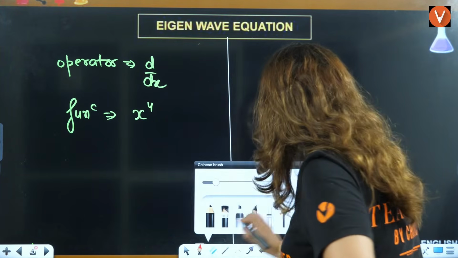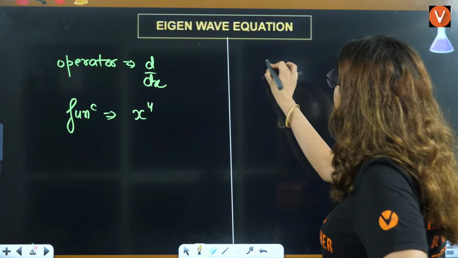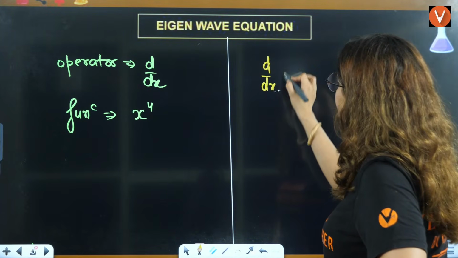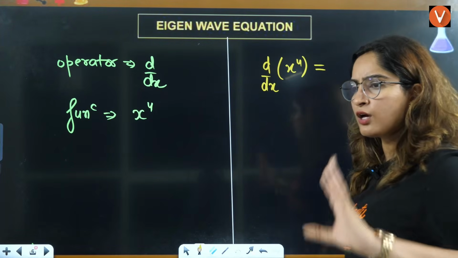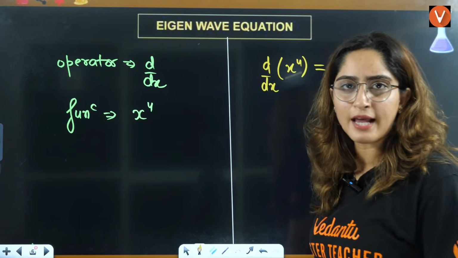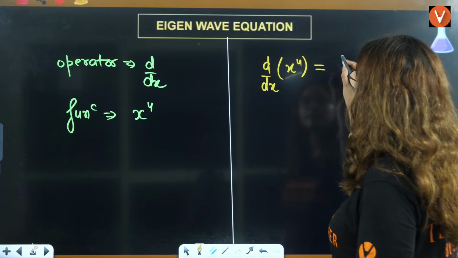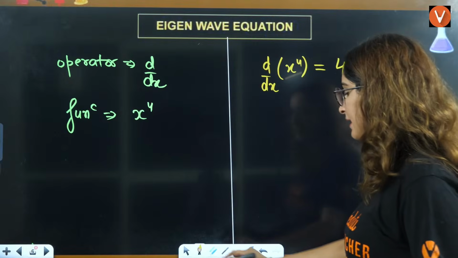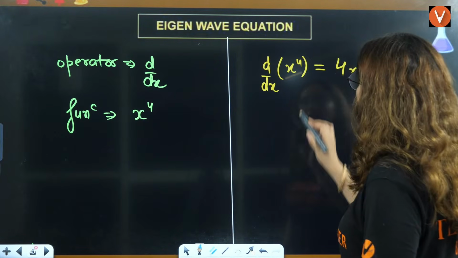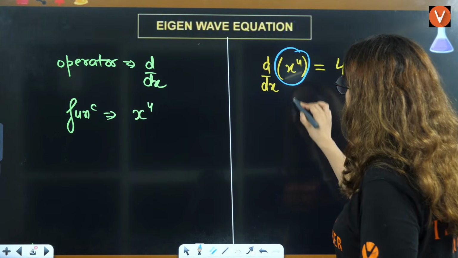So here also we are doing the operation. So this is d by dx. This is x raised to power 4. Now this is a very simple example that I have given. We know that x cube will be the answer here, right? Now can you see this was the wave function.